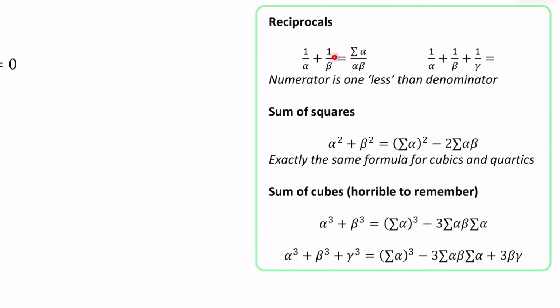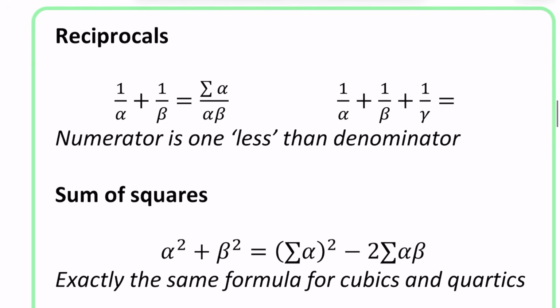So for the reciprocals, if they wanted you to find 1 over alpha plus 1 over beta for a quadratic, it ends up as the sum of the roots over the two roots multiplied together. If it was for a cubic like this, it actually ends up as a similar structure to the one on the left, where the top part would be the sum of the pairs, and the bottom part would be all of them multiplied together.